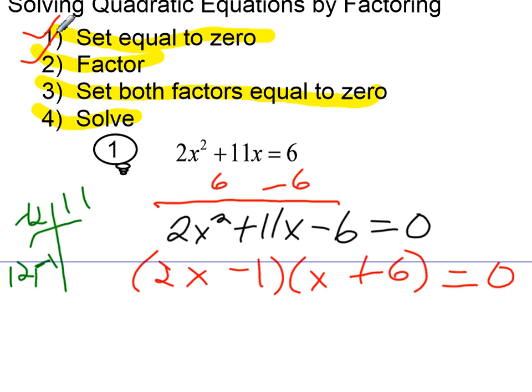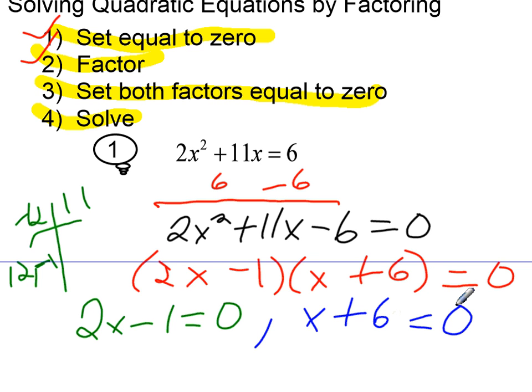Step 3, set both factors equal to 0. So I've got 2x minus 1 equals 0, and I've got x plus 6 equals 0. That was step 3. Now I'm just going to solve both equations.